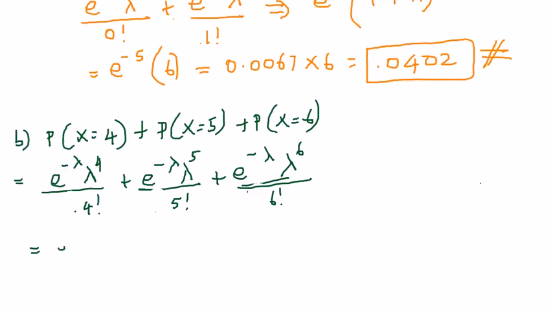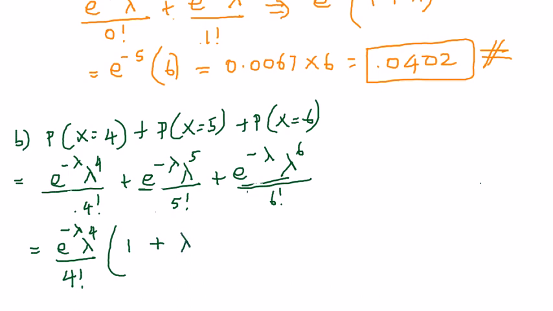Let's take e power minus lambda by 4 factorial outside. This is after substituting for P of x equal to the respective values in the formula. When you take e power minus lambda by 4 factorial outside, what remains in the first term is lambda power 4. I can even take lambda power 4 outside, so let me also do that. So what remains in the first term is 1.